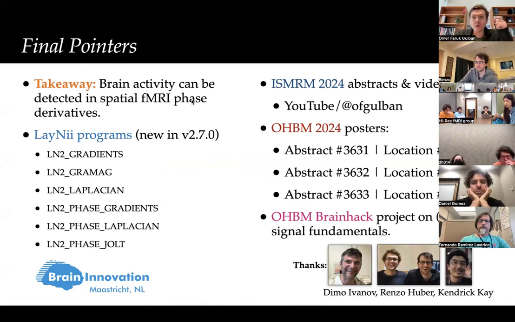Is it conductivity changes? Is it neuronal currents somehow? I don't think so right now, because every big change that I see in my phase data, and in the data I get from collaborators and other people, is localized in large veins, and that makes complete sense. It's an oxygenation-sensitive contrast, a derivative contrast, and you detect stuff there.